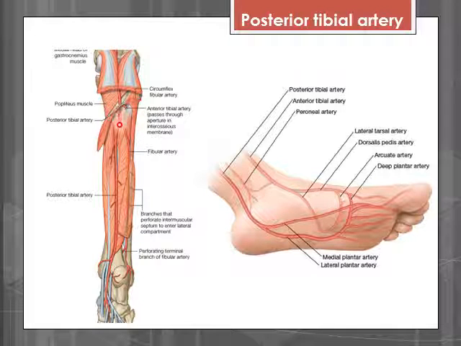The posterior tibial artery passes along the posterior compartment of the leg and terminates at a point midway between the medial malleolus and the calcaneal tuberosity by dividing into medial and lateral plantar arteries.